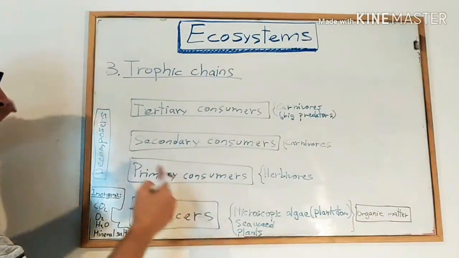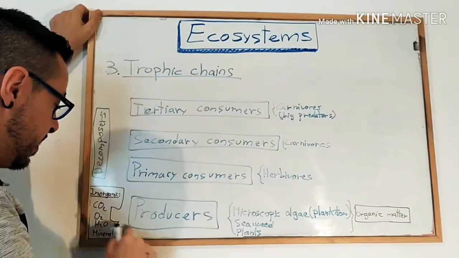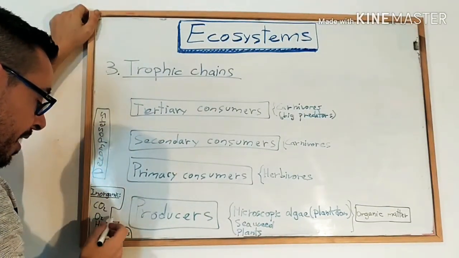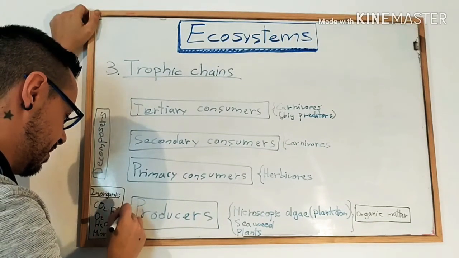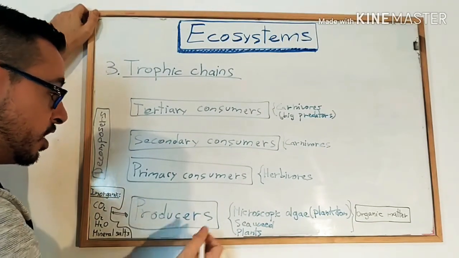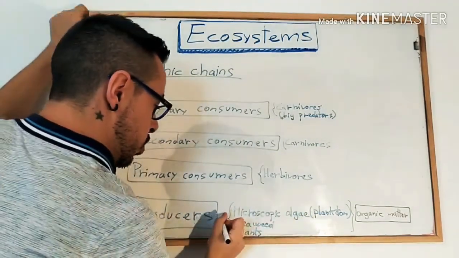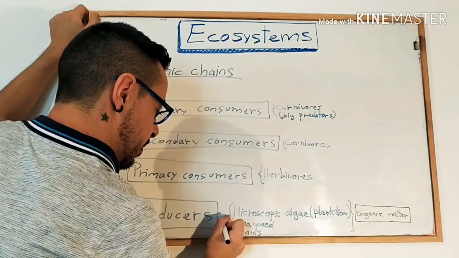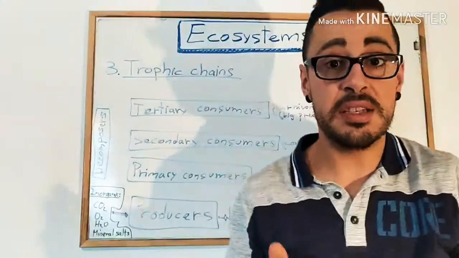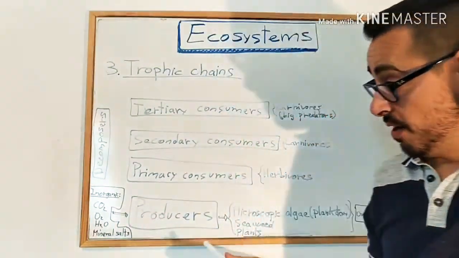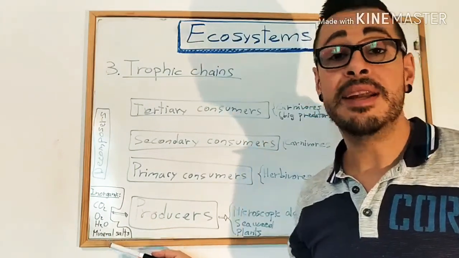What producers do is take this inorganic matter and grow themselves, so they produce organic matter. What is organic matter? Organic matter are living things. Living things are made of organic matter. Inorganic matter are the carbon dioxide, oxygen, water, and mineral salts.